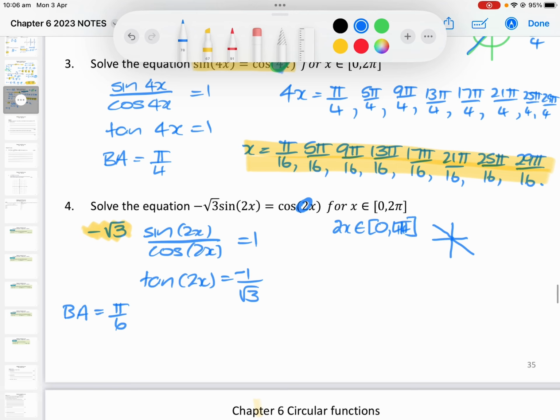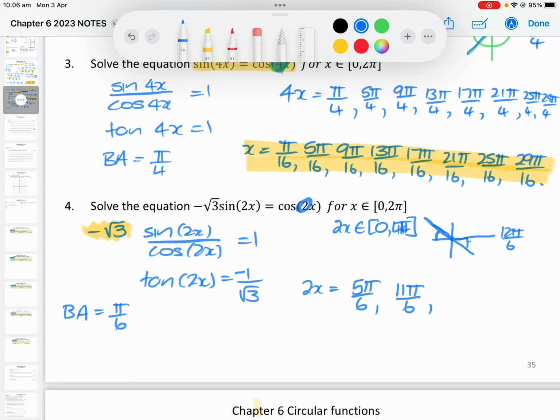So what do I get? I get 2x is, well, the first one here is going to be at nearly 6 pi on 6. It's at 5 pi on 6. And this angle here is pi on 6. This one's nearly at 2 pi, or nearly at 12 pi on 6. And it's pi on 6 less than that, so it's 11 pi on 6.